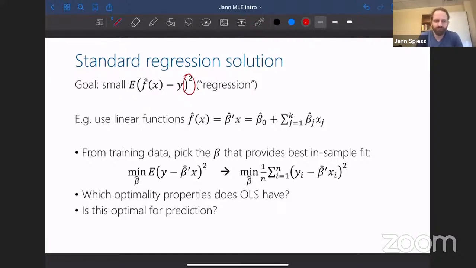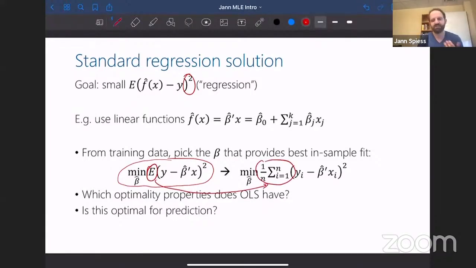And so our typical approach would be that we choose some function space. For this talk, I'm going to focus on linear functions just because they're most familiar to many economists. And then in the training data, rather than solving this problem of finding a parameter that minimizes the true out of sample error, which we can't see because we don't see what will happen in a new sample or an expectation overall, we replace this expectation here by what happens in the sample by its sample analog.